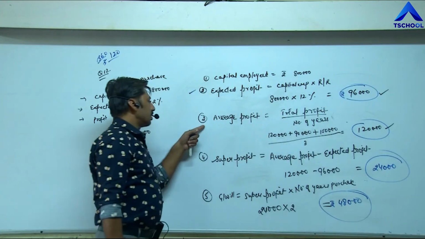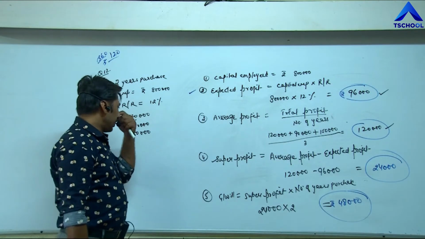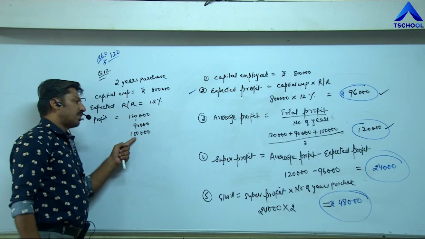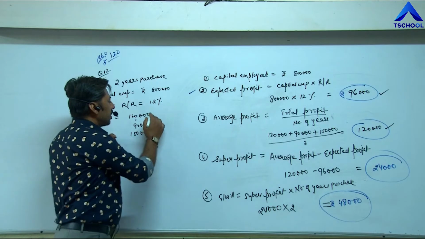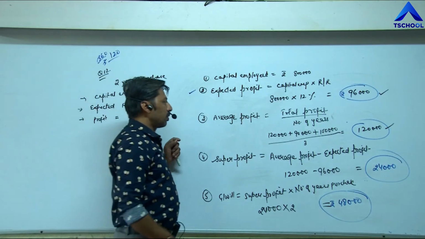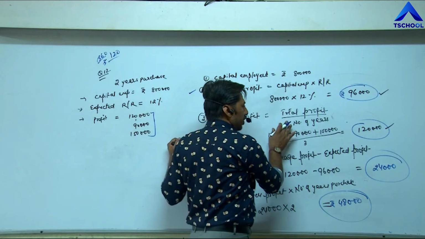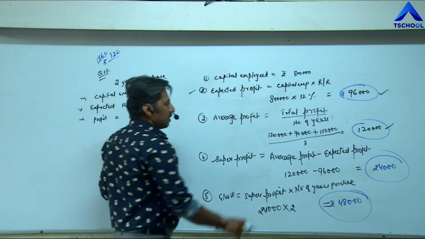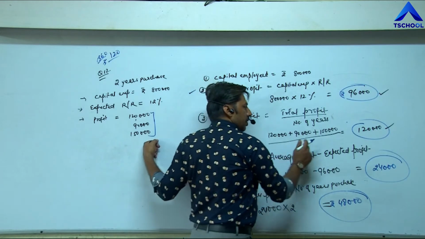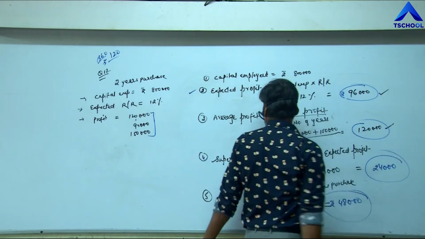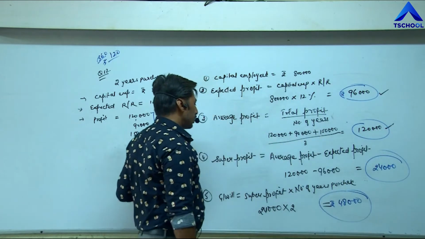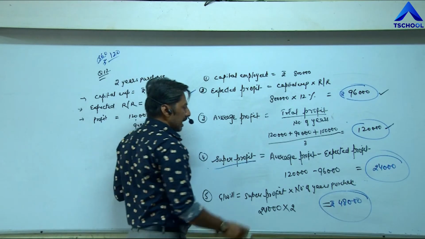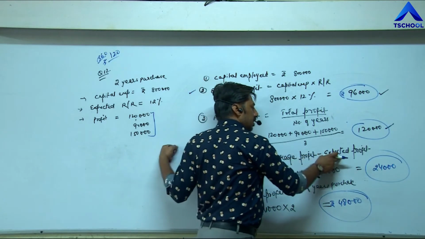Third step, we have to find out average profit. Here profit is given 1,20,000, then 90,000, then again 1,50,000. It is showing a fluctuating trend. That's why we have to apply the simple formula, total profit upon number of years. Total profit is 1,20,000 plus 90,000 plus 1,50,000, which is 3,60,000, divided by 3, 1,20,000. So average profit is 1,20,000. Then we have to find out super profit, and formula for super profit is average profit minus expected profit.